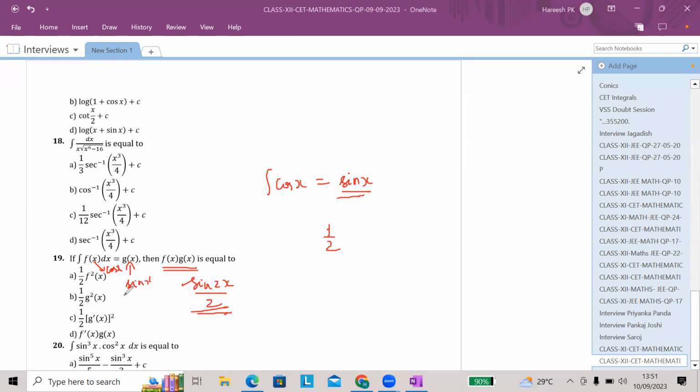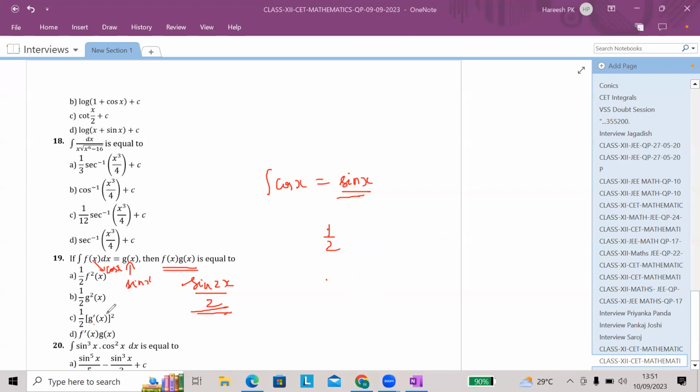G dash would be cos. Okay. So we end up getting G dash is cos. So cos square x.